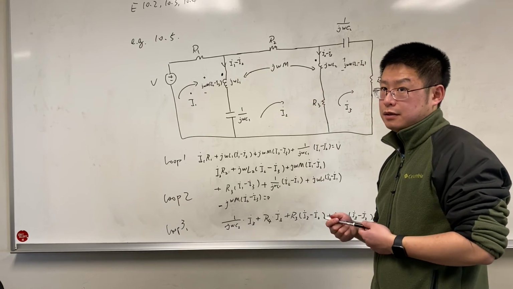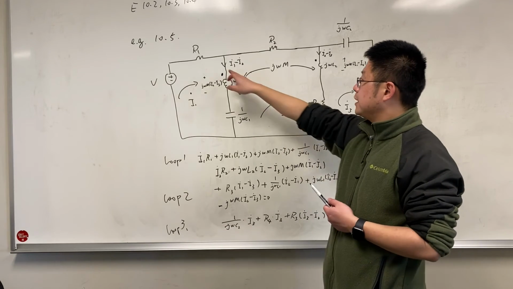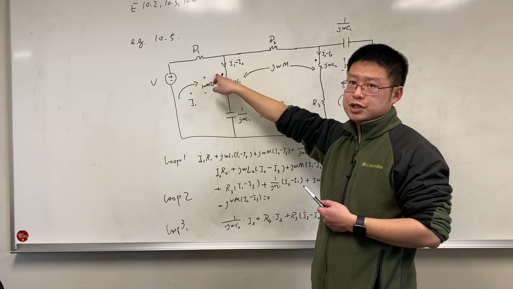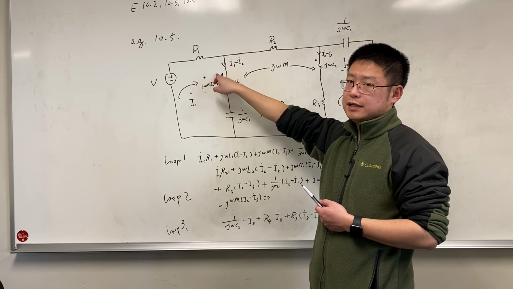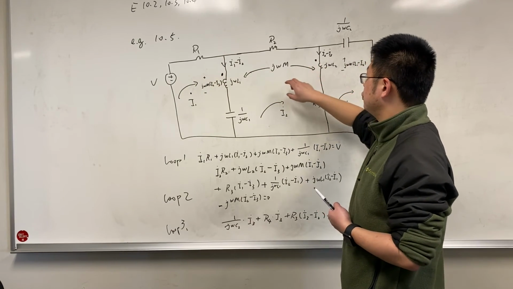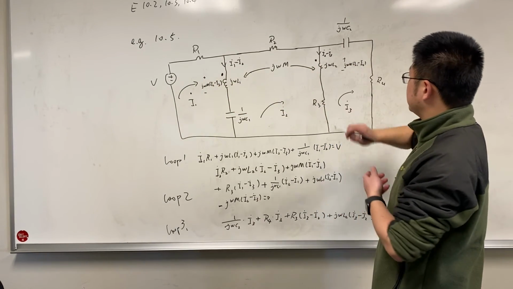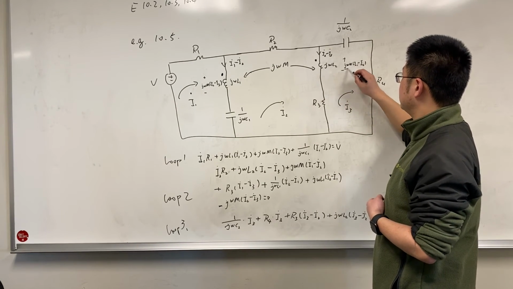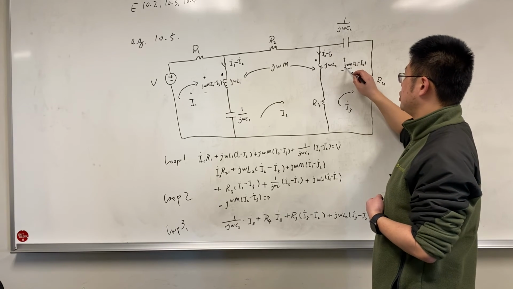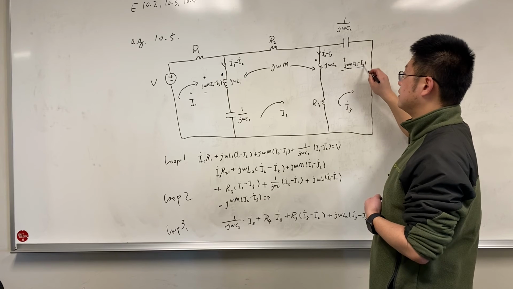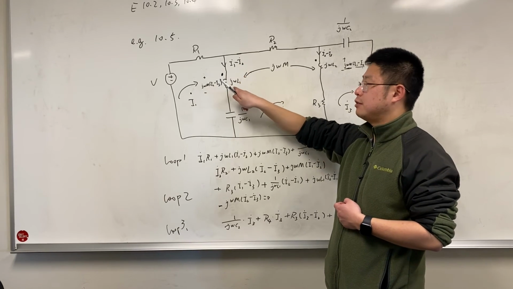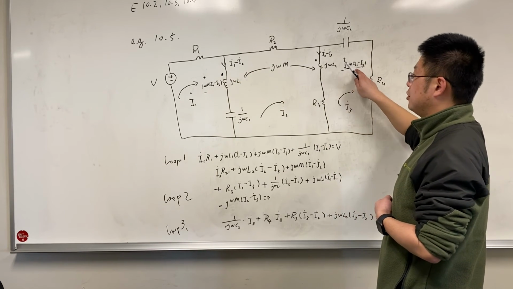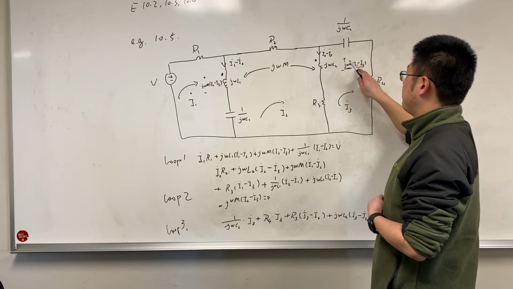So let's determine the voltage it generates. We can see that I1 minus I2 enters the dotted terminal, so it will generate a positive voltage at the dotted terminal on L2. Because the mutual inductance is M, the voltage is j omega M times I1 minus I2.